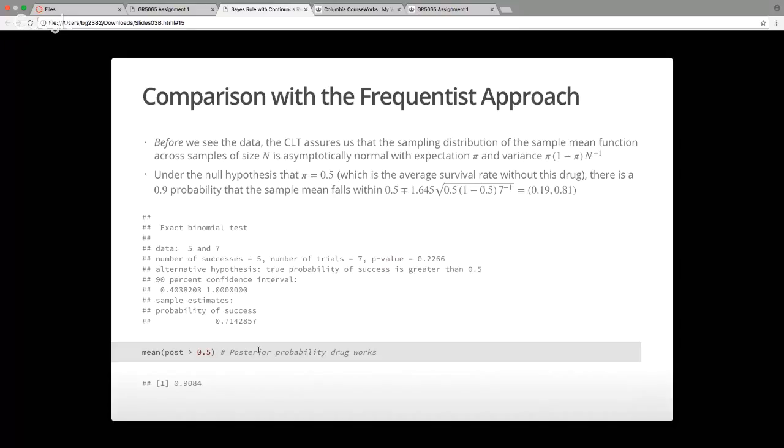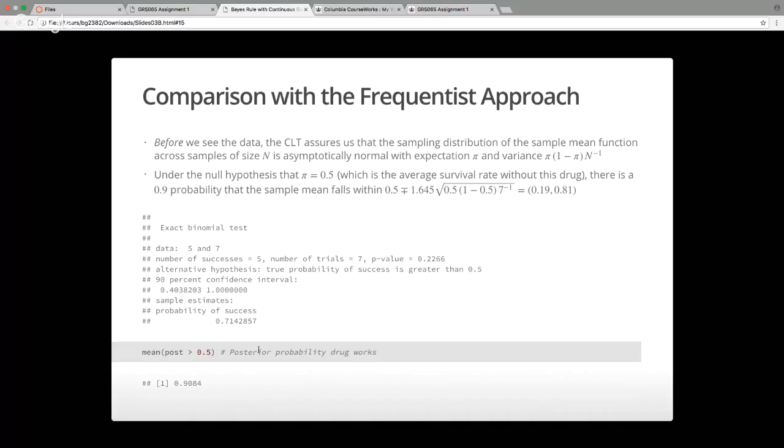However, if we go back to those draws that we obtained from the posterior distribution using our Stan function, we can calculate the proportion of times the success probability realization is greater than 0.5, and that's a number greater than 0.9. So we would say the posterior probability that the drug is effective is greater than 0.9.